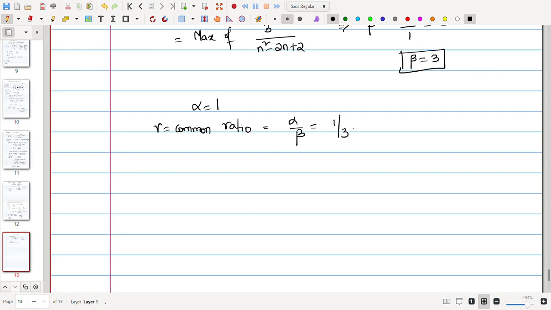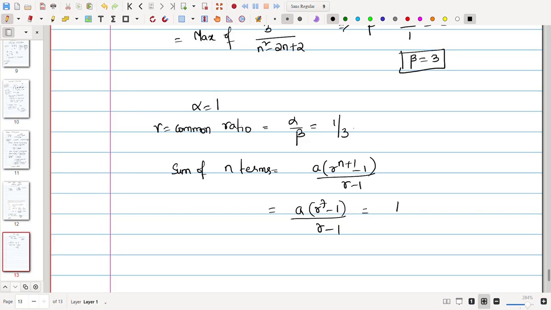We know the sum of n terms in a GP is a(r^n − 1)/(r − 1). In place of n we should take 6 terms. So a(r⁶ − 1)/(r − 1). Let's substitute these values. First term is 1, so 1 into (1/3)⁶ − 1, by 1/3 − 1.